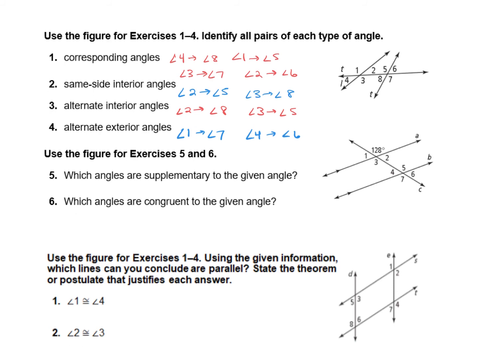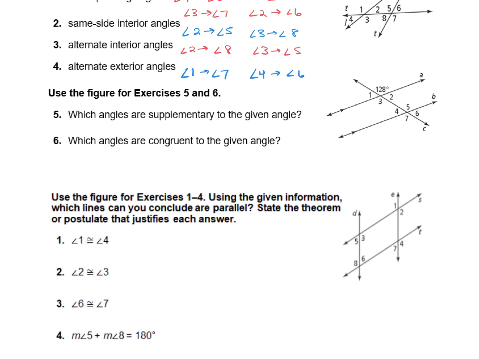Okay, which angles are supplementary to the given angle? When you have parallel lines cut by a transversal, I'm going to mark all the angles that are congruent to this 128 degrees. The angle opposite it is a vertical angle, so those will be congruent.